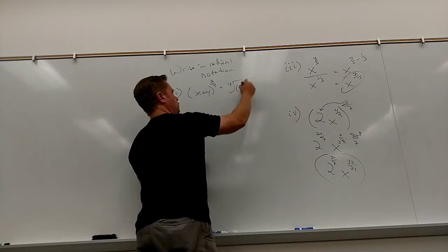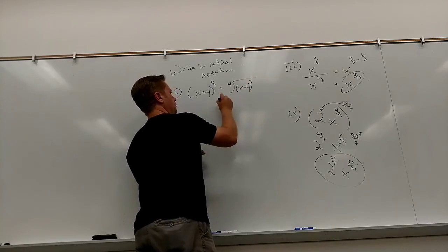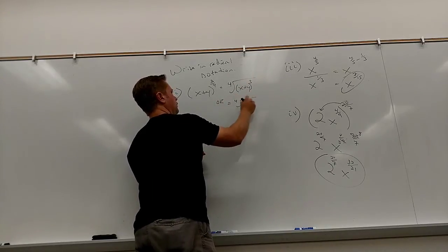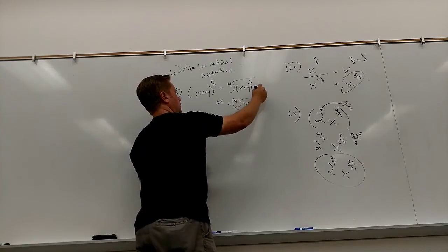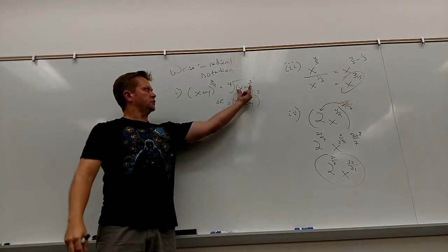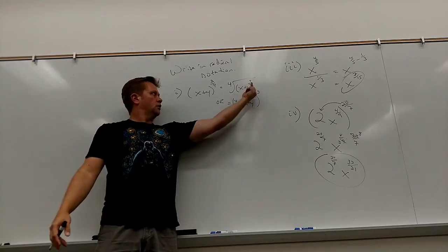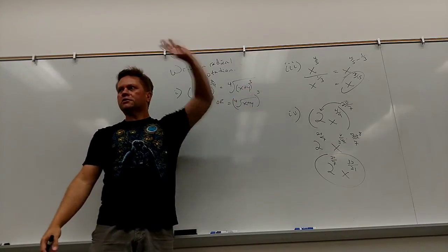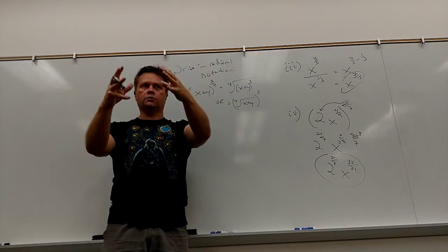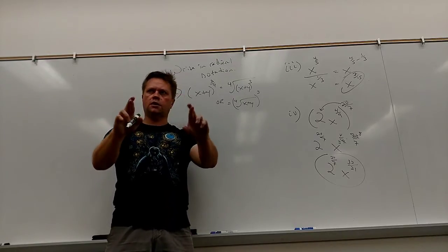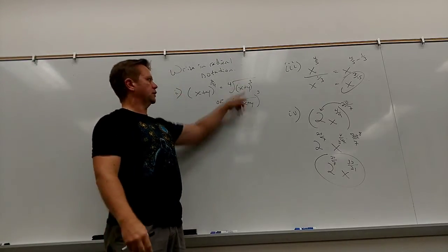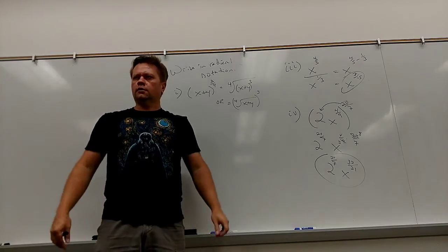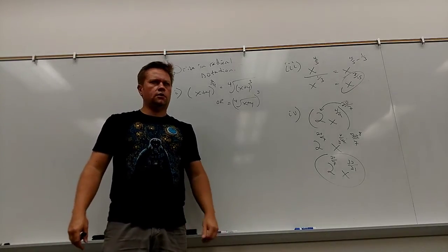Yeah, you can either have the cube in here, or you can have the cube out there. Normally when it's variables that I can't do anything with anyway, we just put it on the inside. If it's numbers, I put it on the outside, so I have a smaller number to work with. But technically either way works. Math didn't care.